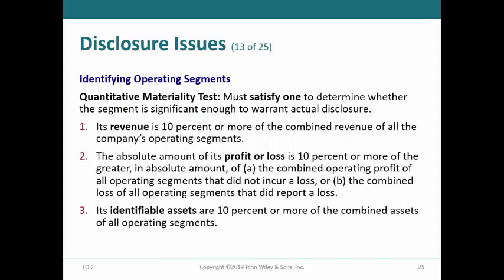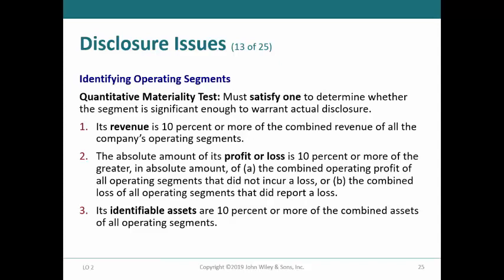There is a quantitative materiality test that is applied to each of the segments. To qualify as a reportable segment, the segment must meet only one of the criteria shown on this slide. Its revenue must be 10% or more of the combined revenue of all of the company's operating segments.